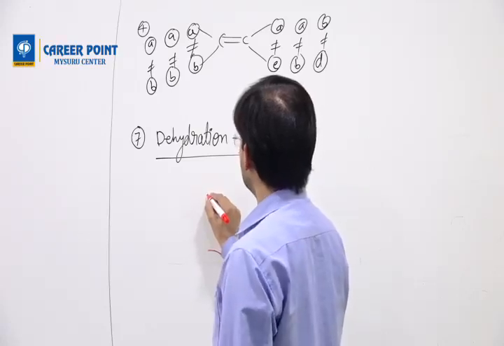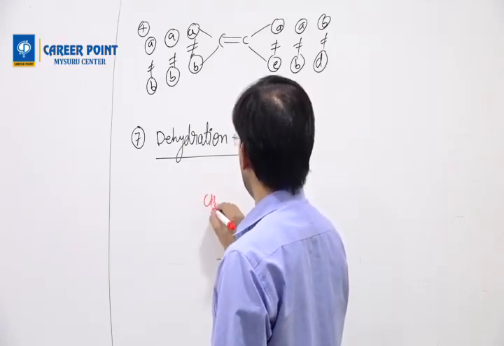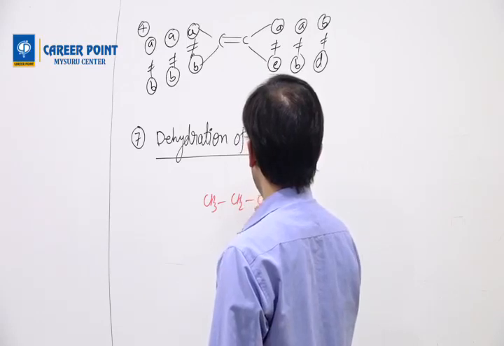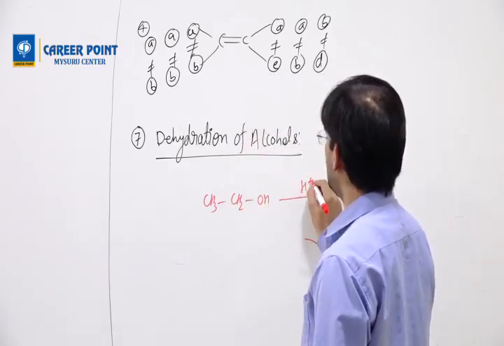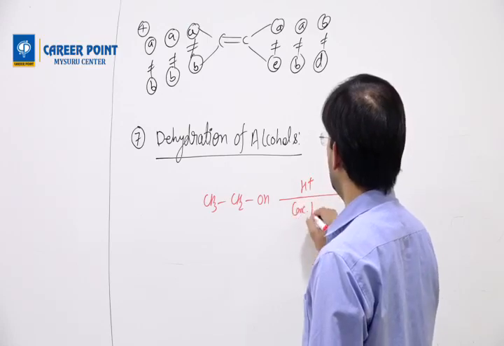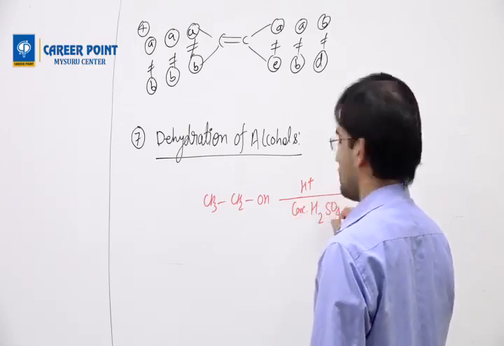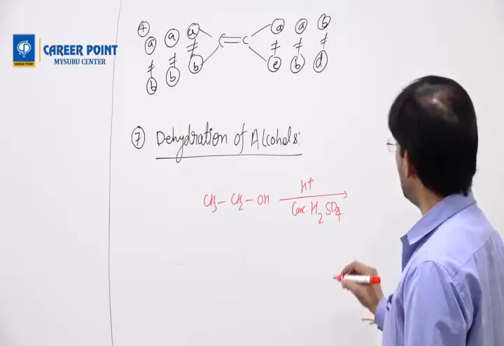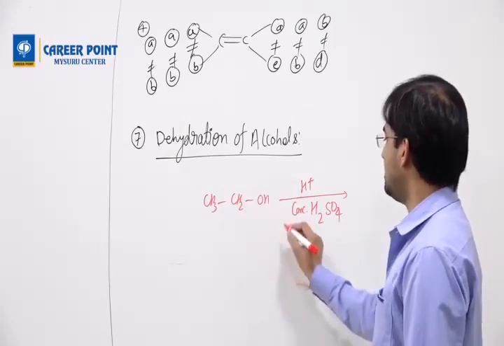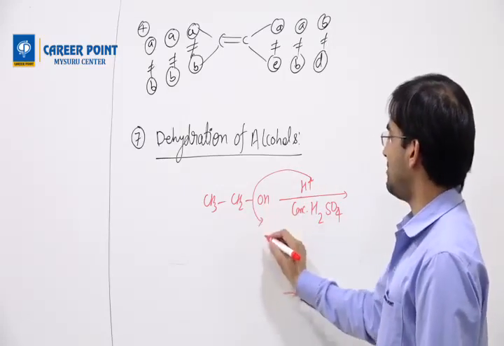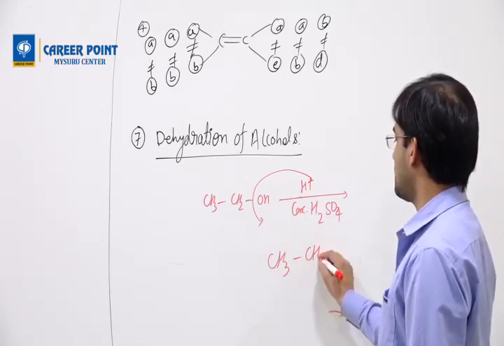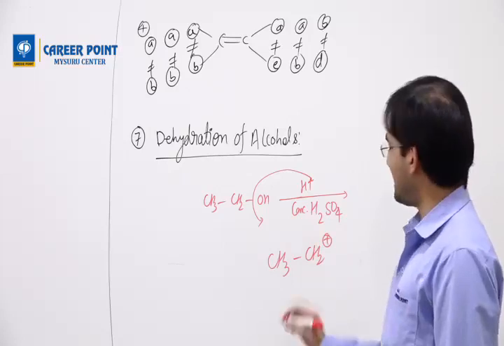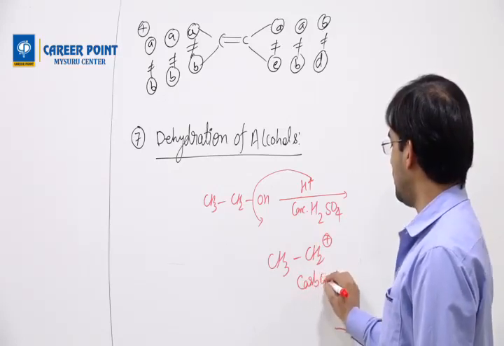When we take CH3 CH2 OH, this happens in an acid-catalyzed medium with concentrated H2SO4. In the middle, this H plus attacks there and becomes H2O. Then I'll get the formation of carbocation. This is carbocation.